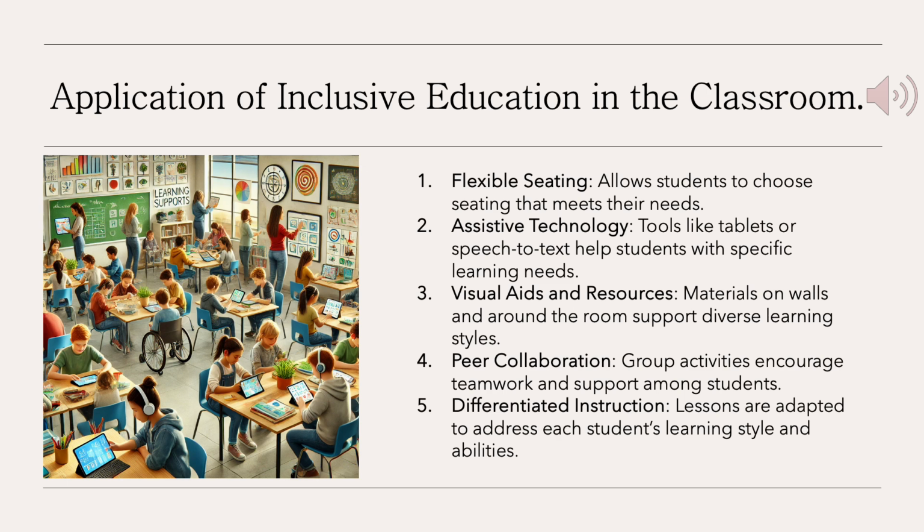By applying differentiated instruction, the teacher can ensure that all students have access to the curriculum in a way that suits their individual needs. This approach not only supports students with disabilities, but enhances learning for all students by promoting engagement, flexibility, and a sense of belonging.